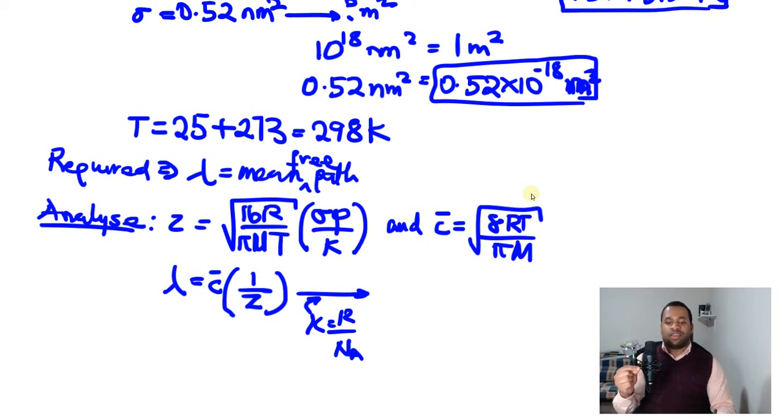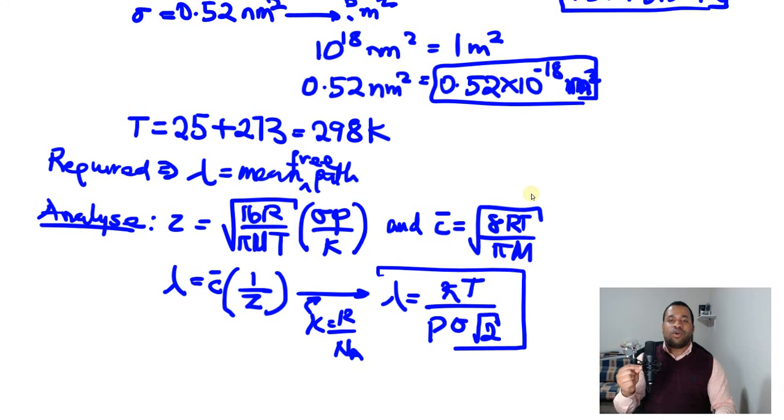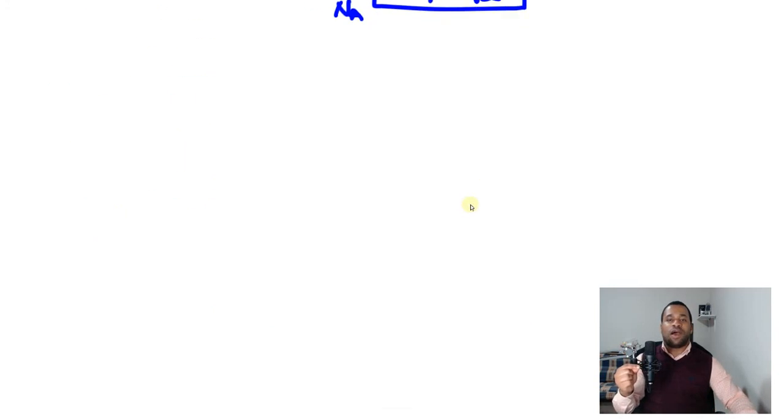In this case, lambda equals kT over pressure multiplied by our cross-sectional area multiplied by the square root of 2. So we're going to use this expression, and from there on we'll be able to solve our problem.